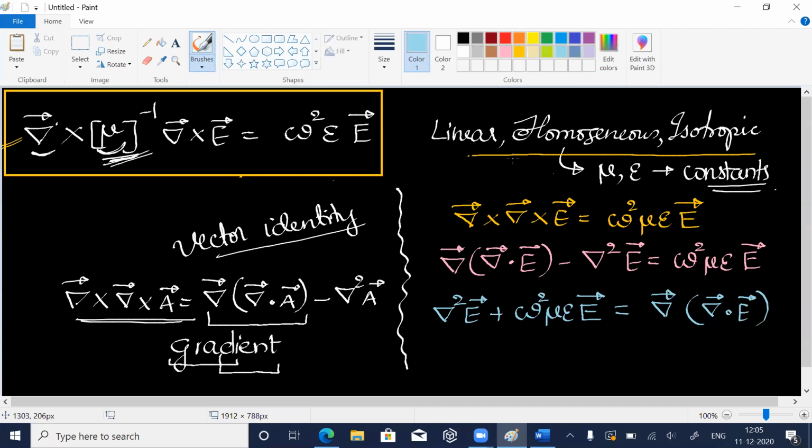Okay. Now, of course, you have a linear homogeneous isotropic medium. I take the same medium here. Now, you tell me my medium is source free. When there is no further source, no charge, for example, existing in the medium, that means I could say rho v is equal to 0. When this is the case, what is the divergence of D? 0, sir. Yeah, divergence of D is equal to 0.